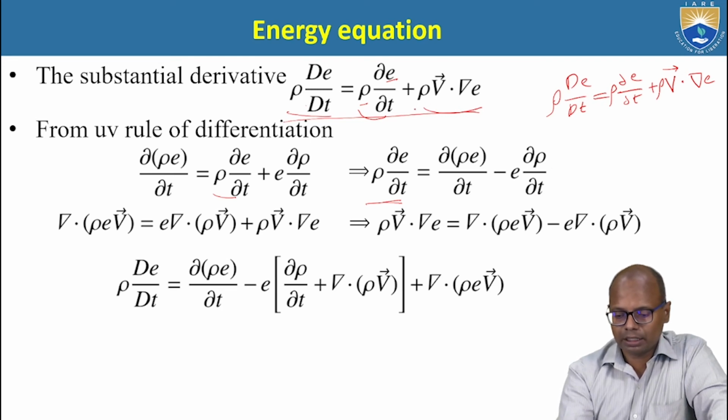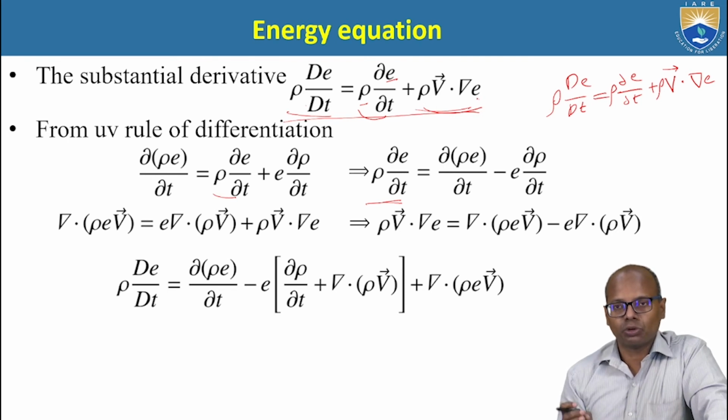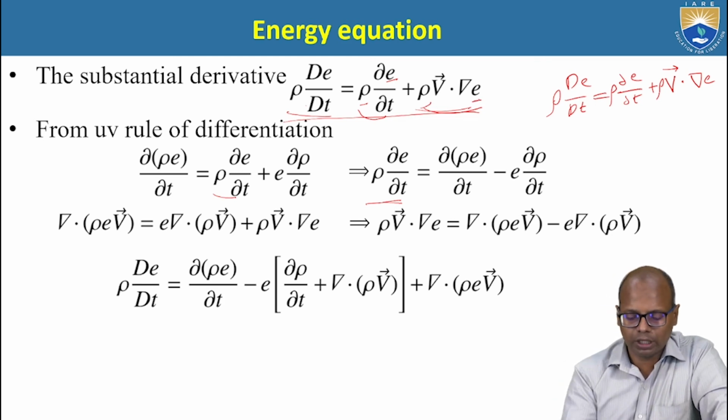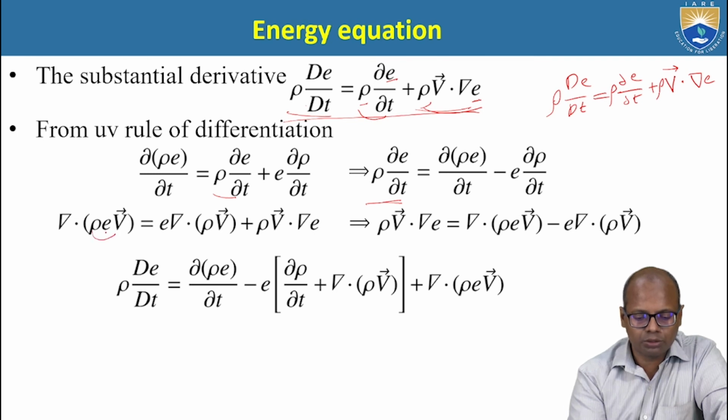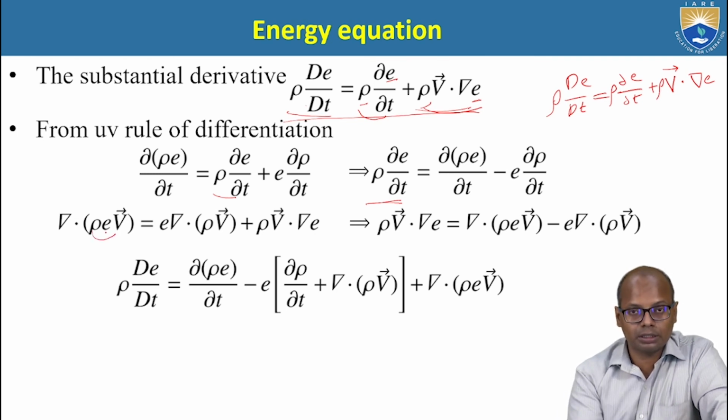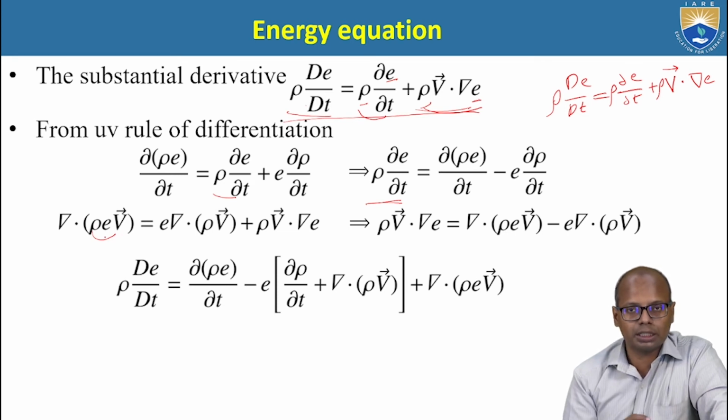Now what is the second term? I have rho V bar del E. Three things I have. So use rho V bar and E. You can say this is one product and this is one. So I have two. With these two, can I write a UV rule? So what is that? Rho V bar into E. Three terms are there, but we are clubbing up rho into V bar and E separate.